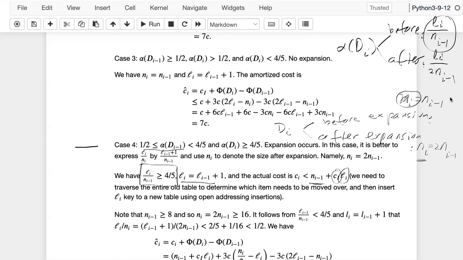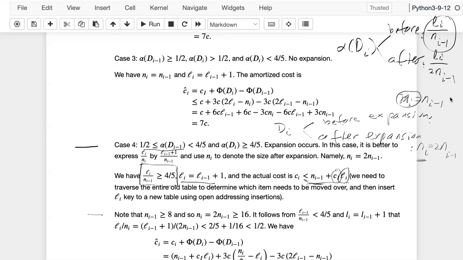Hence, we would expect that C sub I is less than or equal to N sub I minus 1 plus c L sub I. So let's just make it equal. All right. So there's another subtle point here.